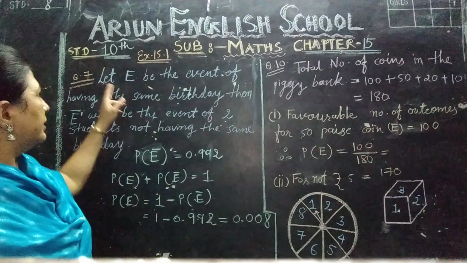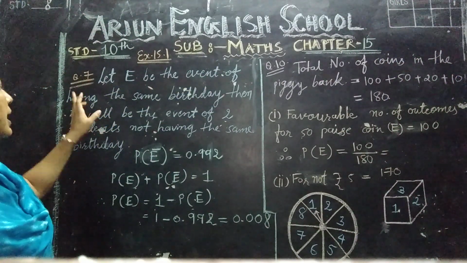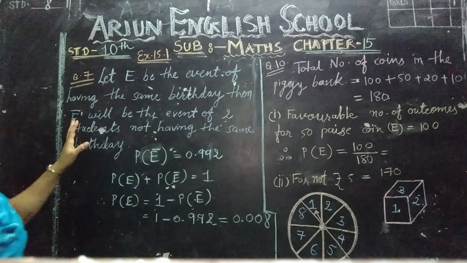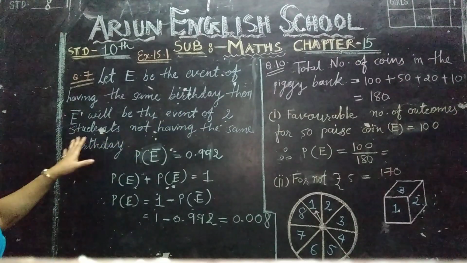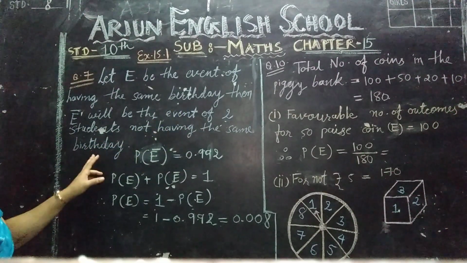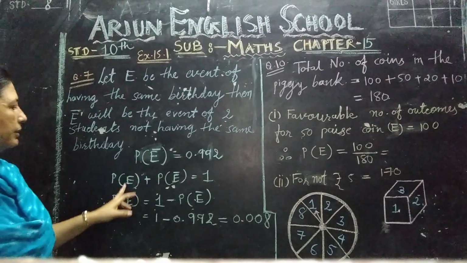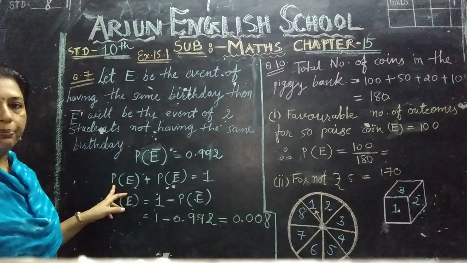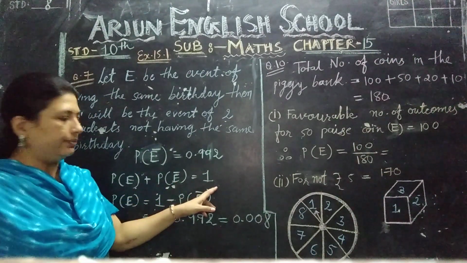For this, let E be the event of 2 students having the same birthday, then E bar will be the event of 2 students not having the same birthday. Here, you know that probability of E plus probability of E bar is equal to 1.